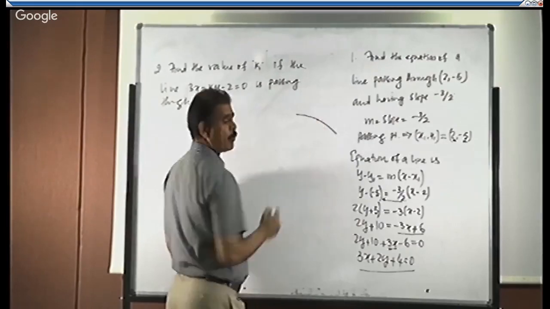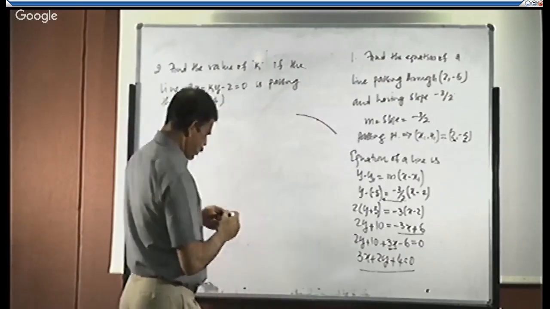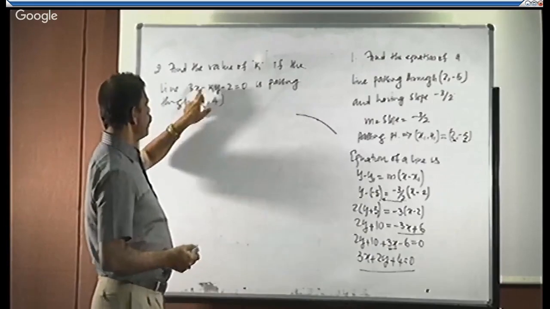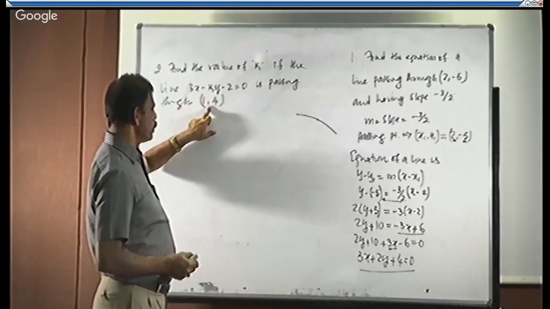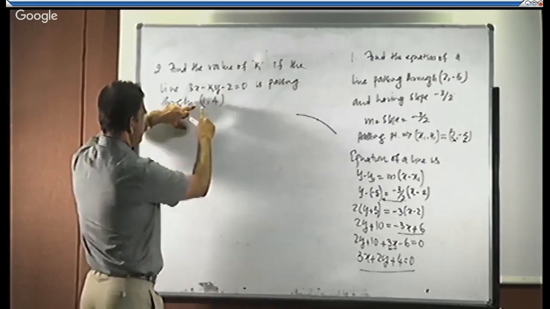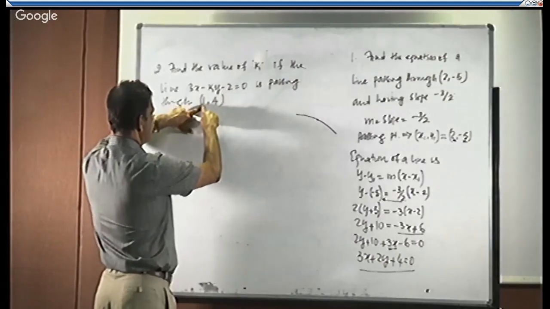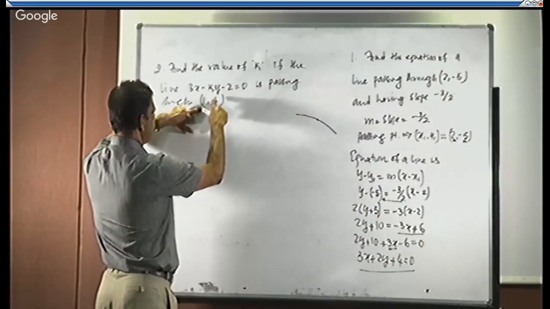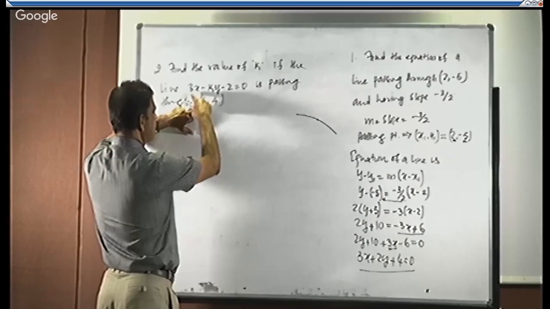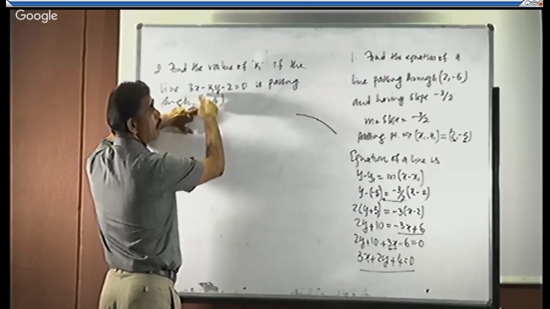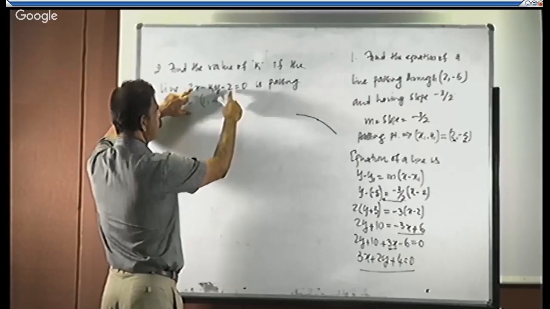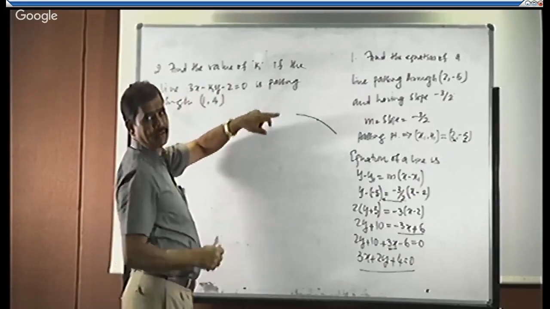should satisfy that point. It means the line is passing through this point. If I take x is equal to 1, y is equal to 4, then the equation should be verified: left hand side is equal to right hand side. Right?